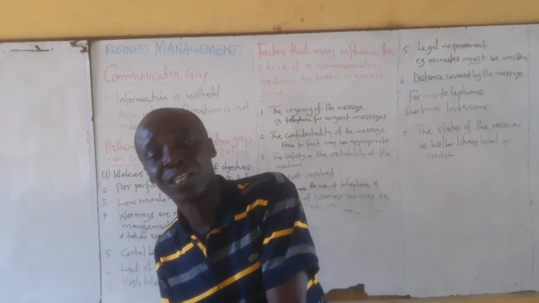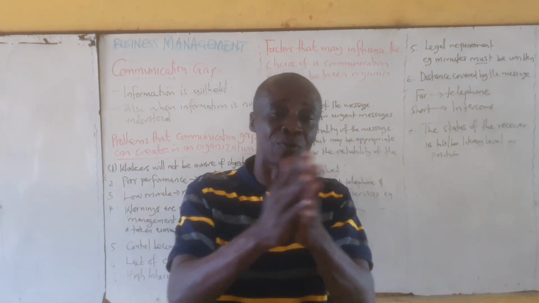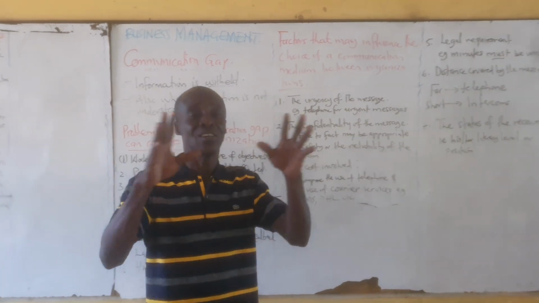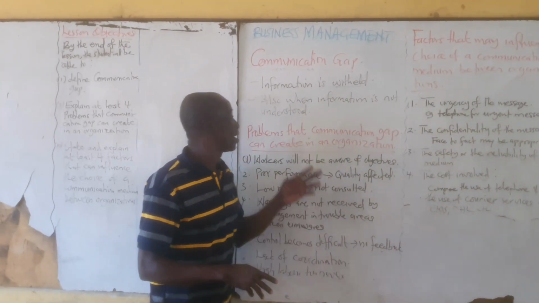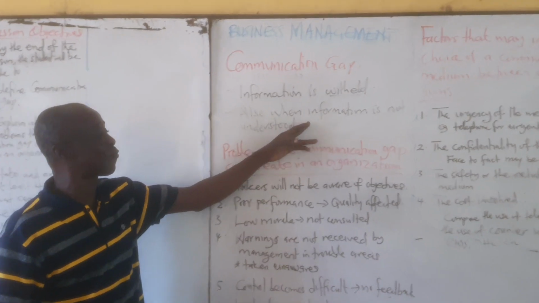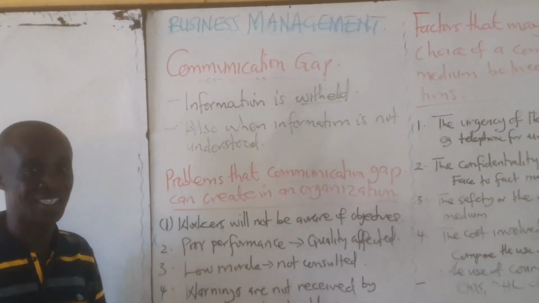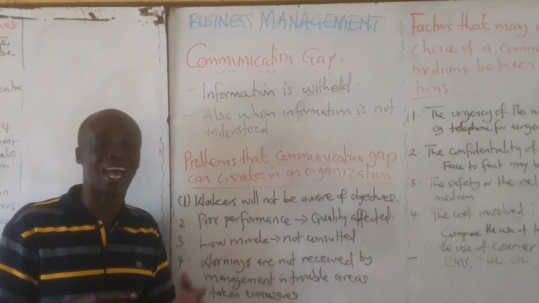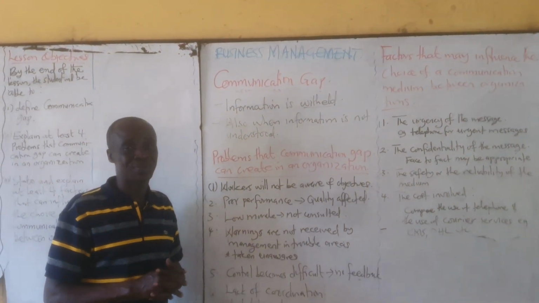And employees or subordinates do not also give message or information to their superiors. Then we say there is communication gap. And I also said that when information is not understood, then we also say there is communication gap. So that is all that is meant by communication gap.